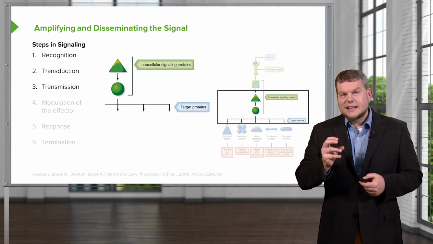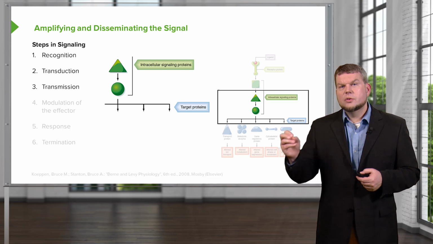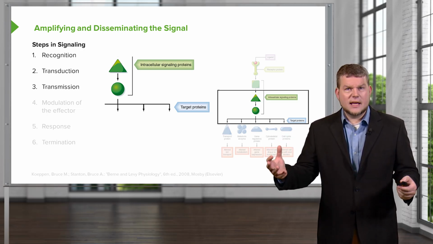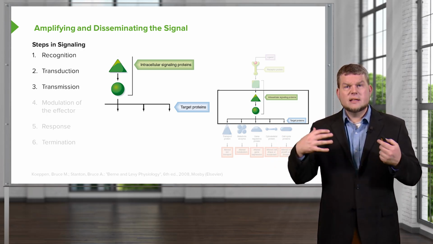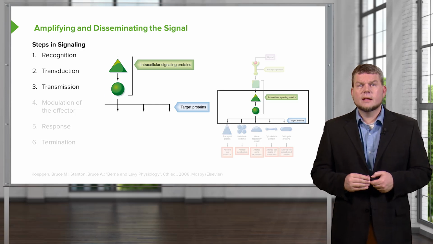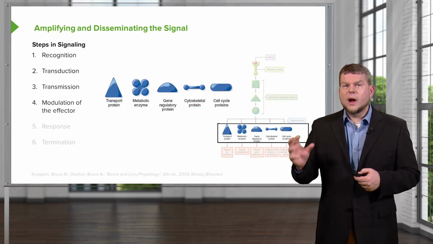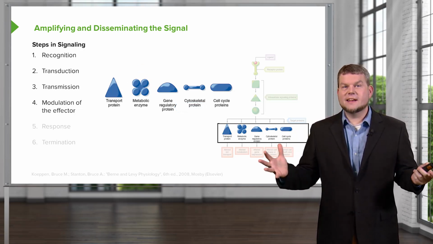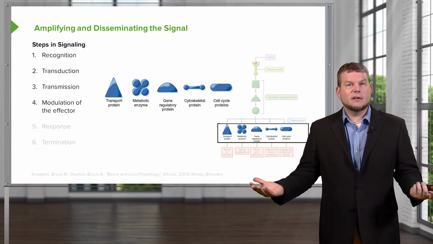Transmission is getting that transduced signal to the right spot. So it might involve activating an enzyme so that then there can be signaling of the right target proteins. Once you have the right target proteins activated, then you get an effect. And this is what you want to have happen, right?